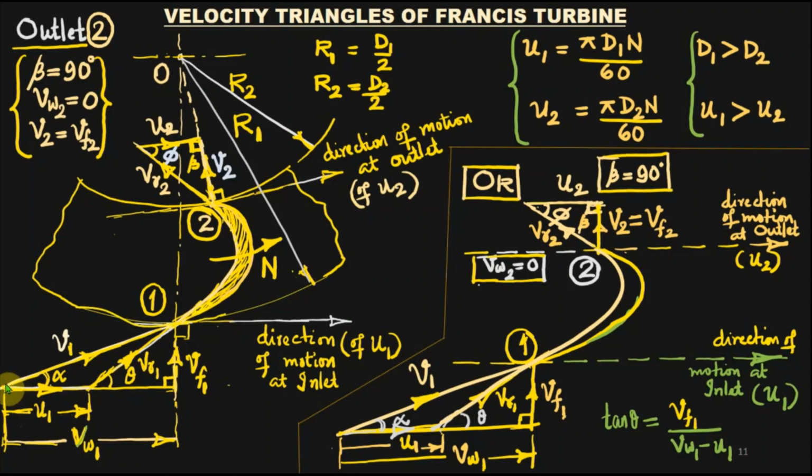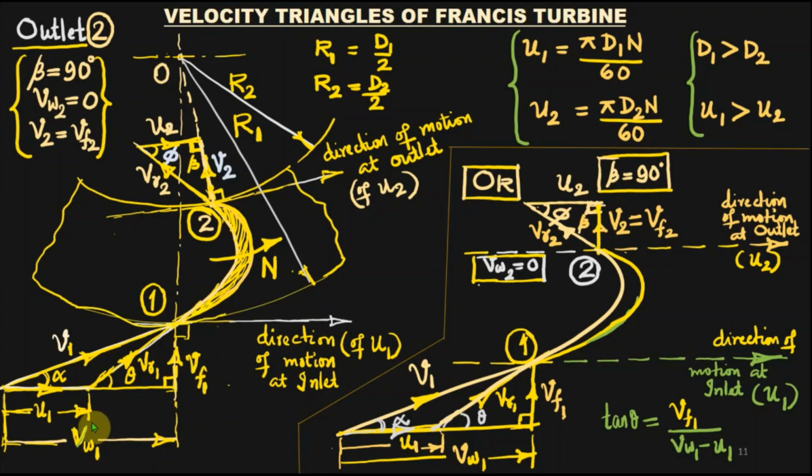Once you complete the triangle by marking V1, U1 and this VR1, the velocity triangle at inlet is complete. Remember, the inclination of VR1 with the direction of motion U1 is theta. And if you draw two rectangular components for V1, one along U1 and one perpendicular to U1, then you will get VW1 and VF1.